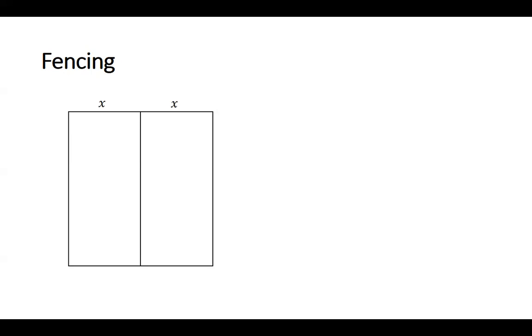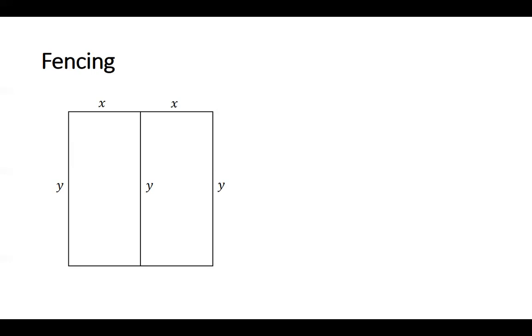So I'm going to call the top of each of those corrals x. And I'm going to call the heights of the corral y. So you'll see that going into our 200 feet of fencing, we have 3 y's and we have 4 x's, right? 2 x's on the top, 2 x's on the bottom.